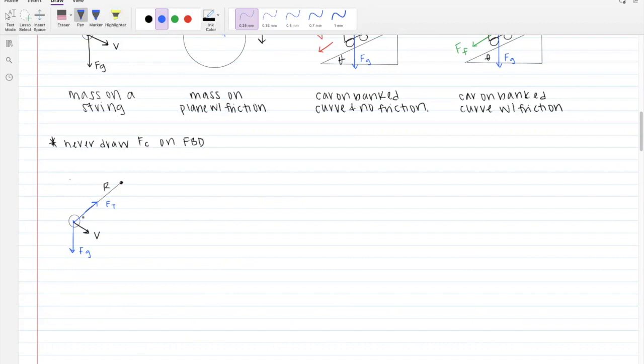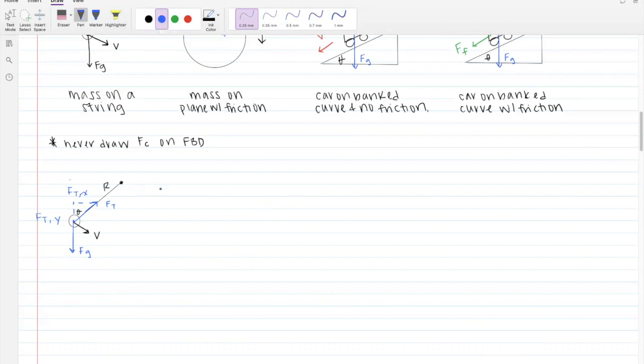And if you remember from my previous videos, if you ever see a diagonal, the first thing you should think of is, I probably should split that up. So this is going to be your force of tension in the x direction here, and it's going to be the force of tension in your y direction here. This is given some sort of, let's say, theta.